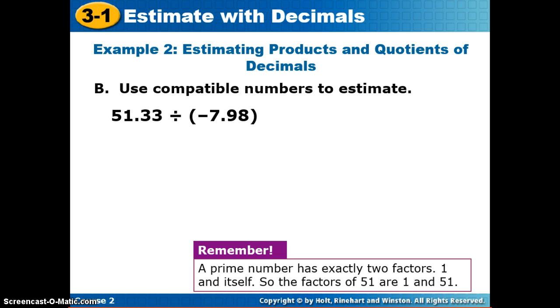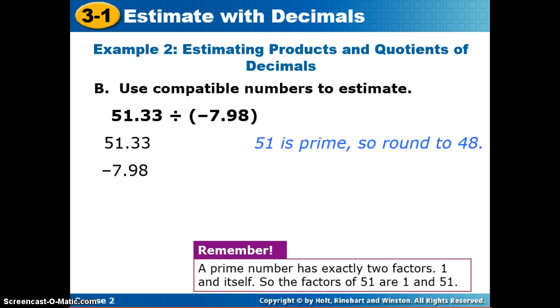Let's look at a division problem. 51.33 divided by negative 7.98. Dividing is tricky because we have to find those compatible numbers.